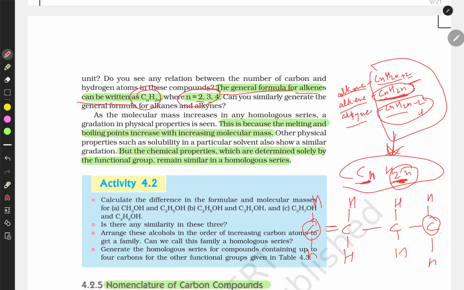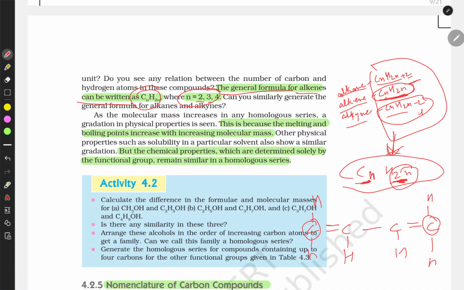Here carbon needs a double bond, so it is completed. But if this carbon takes a double bond, it forms 5 bonds, which is not possible. So in this case we have to remove one hydrogen atom. Now it has 4 bonds, but it had only 3 bonds. So we have to form 4 bonds in this case, and one extra hydrogen atom should be removed.